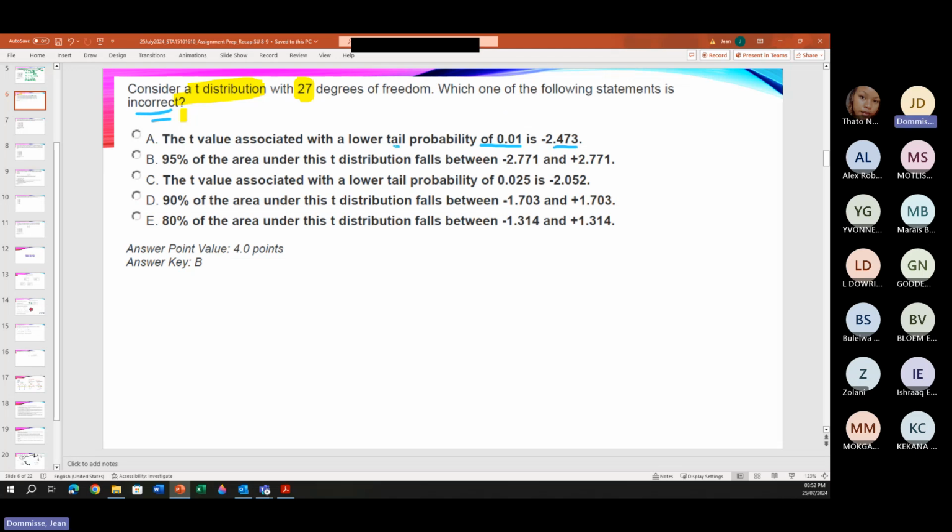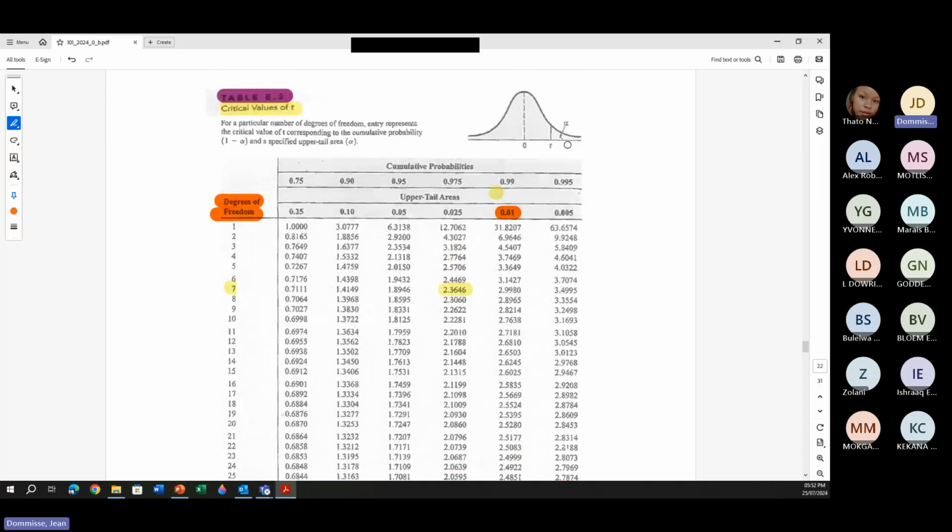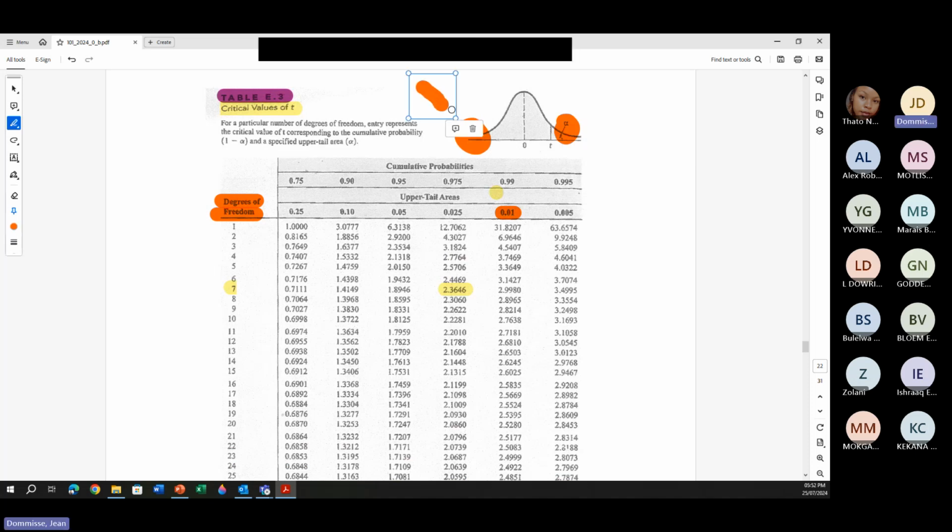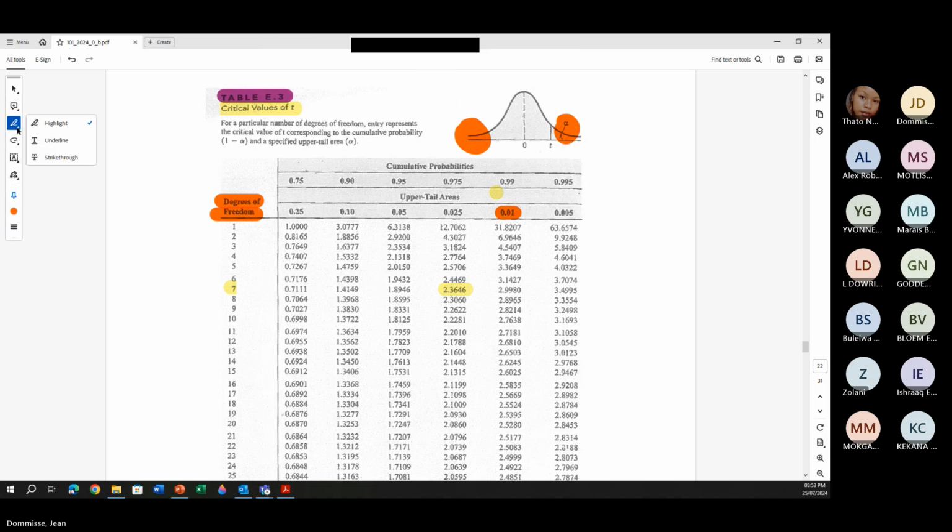So lower tail means that it's not this side, it's on the left hand side. That's lower tail. Let me quickly get the other one that I can write with. So this is lower tail, this is upper tail.